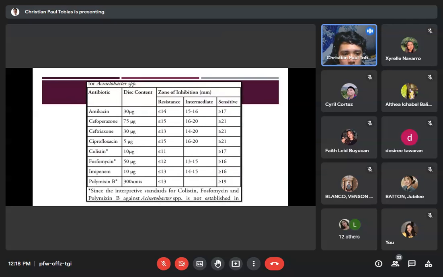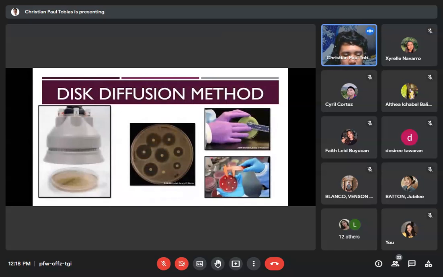But, kapag, tama pala, ano ba yan? Anyways, greater, less than to, di ba? Greater. Okay. Let's take, for example, this is amikacin and yung growth dito is less than 14.